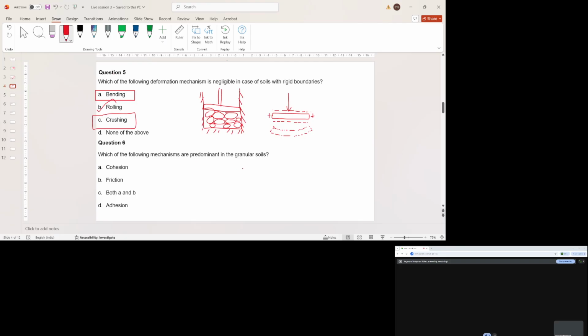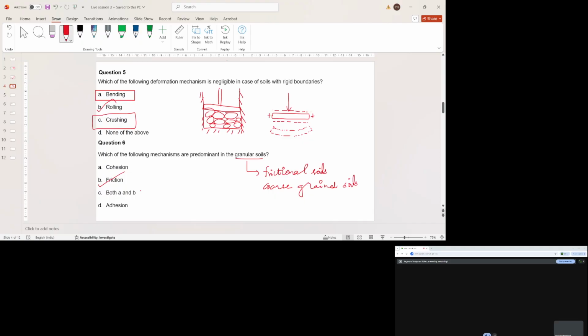Granular soils are also, in geotechnical terms, termed as frictional soils, fine and coarse grain soils, where the body forces become significant. The body forces are significant, and that is body to body contact, which is friction. Predominant in granular soils is friction.